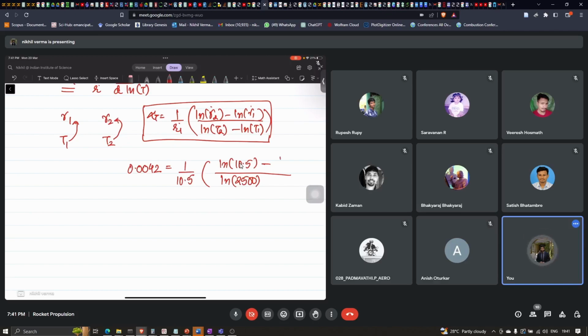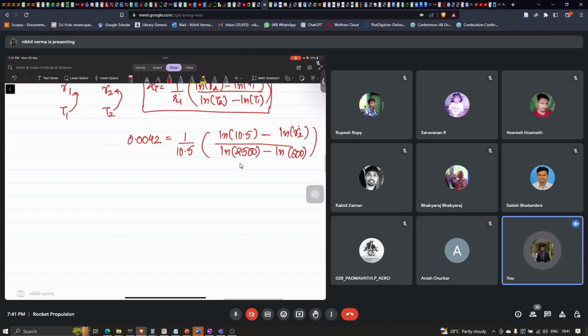Okay, so this is ln r2 minus ln 600. If you solve for this ln r2, you will get r2 as 9.8859.